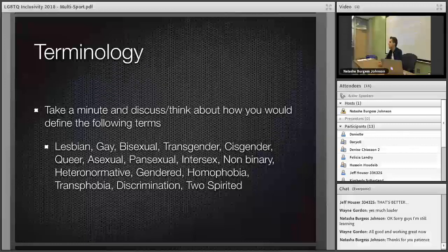Anybody who doesn't feel like a term adequately describes them will probably call themselves queer. Or it may be a combination of things. They might be genderqueer. They're not transgender, but they don't really identify with how a lot of people say a man or a woman should act or feel.